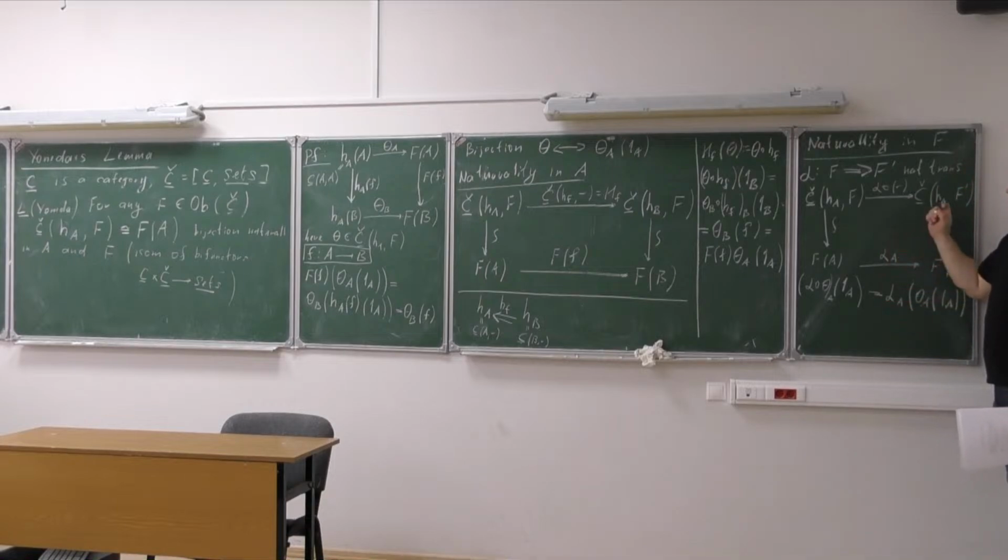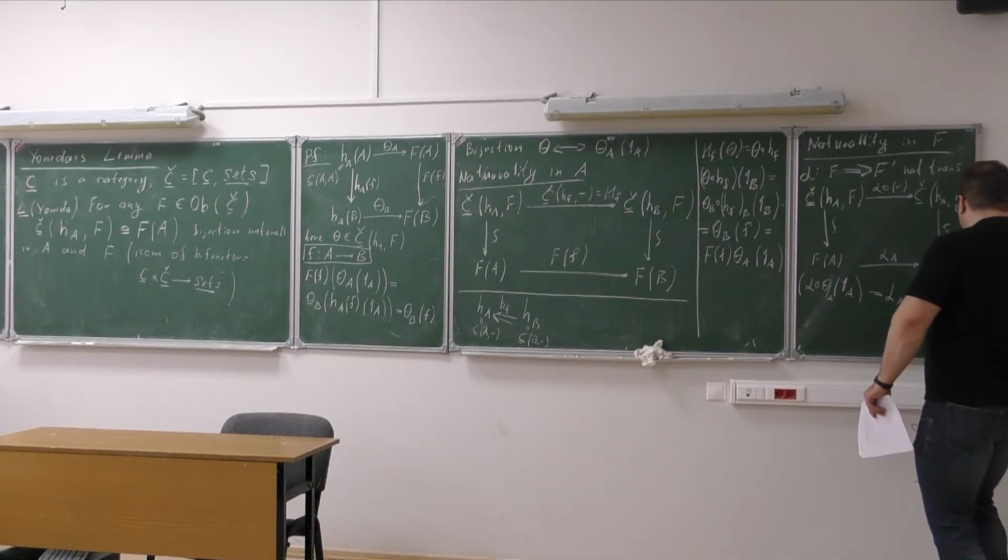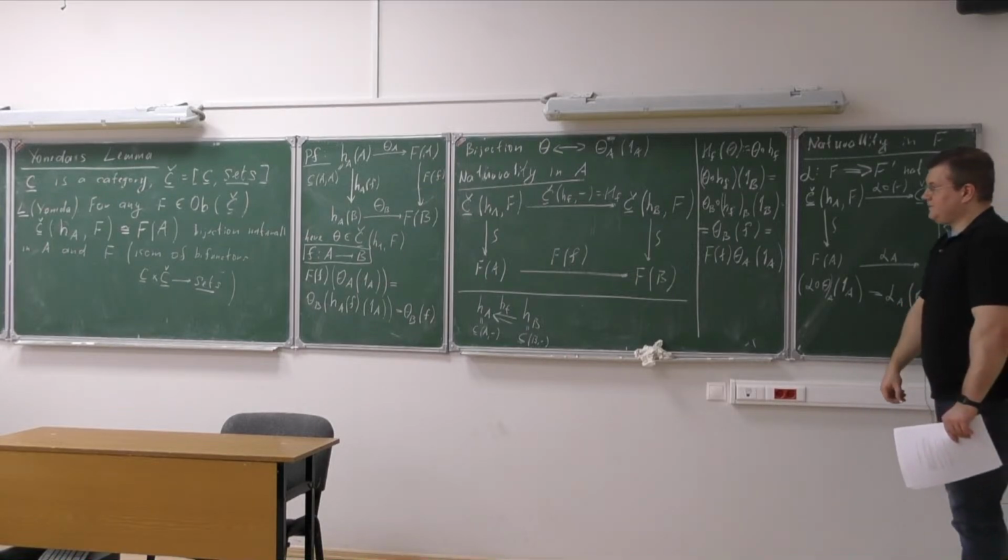So I'm just rewriting this commutative square as a formula. But you can notice this is precisely the definition of a composition of natural transformations. Hence, we proved the Yoneda lemma.